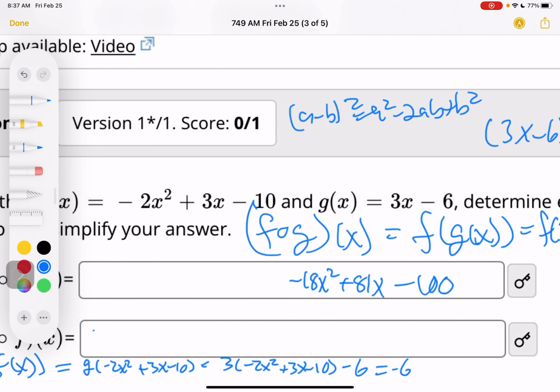So that's negative 6x squared, I'm distributing the 3 here, plus 9x minus 30 minus 6. So I get negative 6x squared plus 9x minus 36.